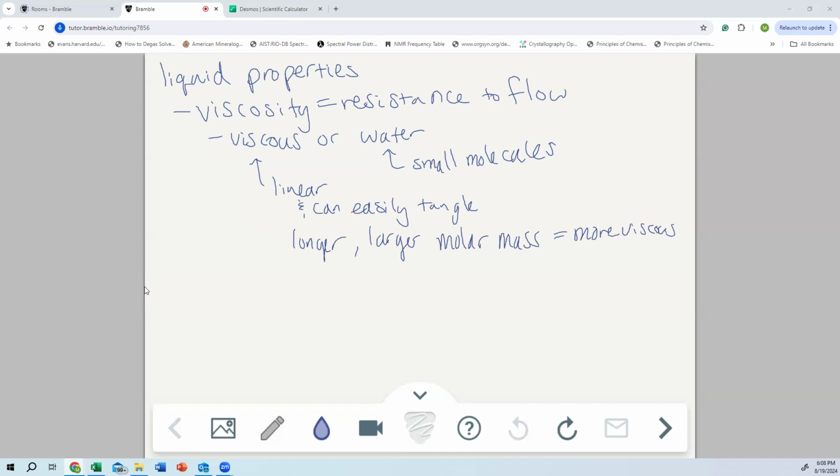Okay. Next thing is surface tension. Surface tension is essentially the amount of energy required to increase the surface area of a liquid.